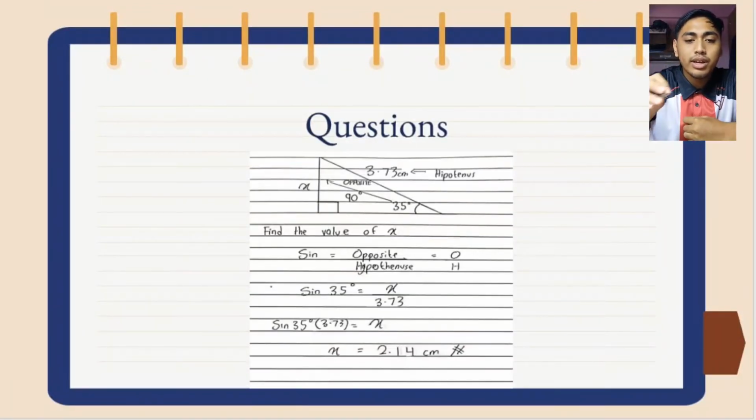Then you can write sin 35 equals x per 3.73. Move the 3.73 to the left side, and you get sin 35 multiplied by 3.73 equals x. When you calculate it, you get x equal to 2.14 centimeters.